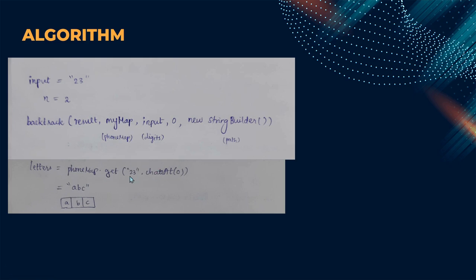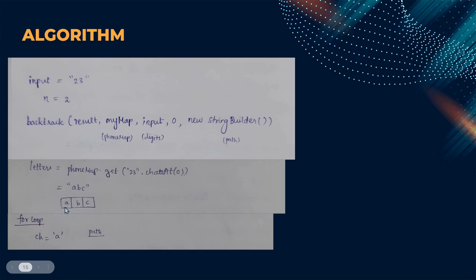So 2, 3 is the input string, 0 is the index from where we need to start processing the string. In the string 2, 3 at position 0, the number is 2, and the corresponding string for 2 is ABC. We consider that to be a character array and start processing each character using a for loop.